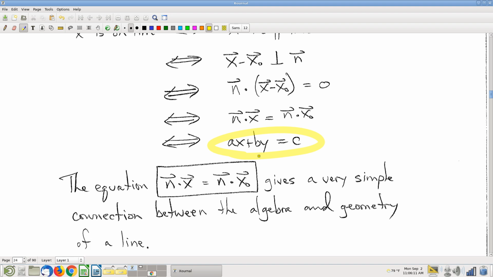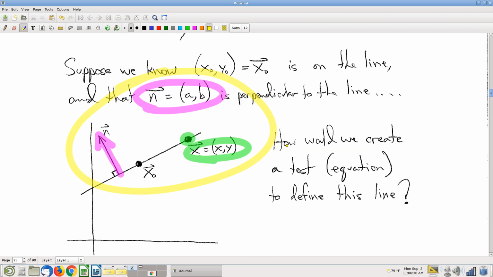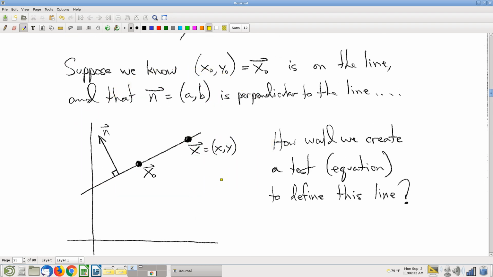And so back to the question, why should I care? Why should I like this equation? What can I, at a glance, determine about the line just by looking? The answer is, I've got right there in the equation of a line this n vector, little n.